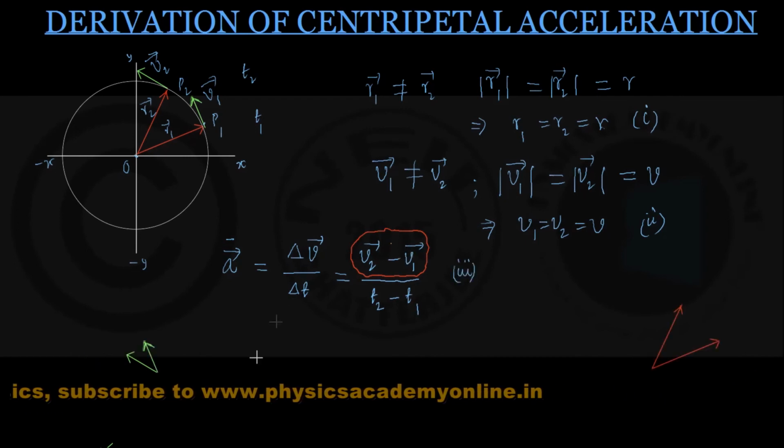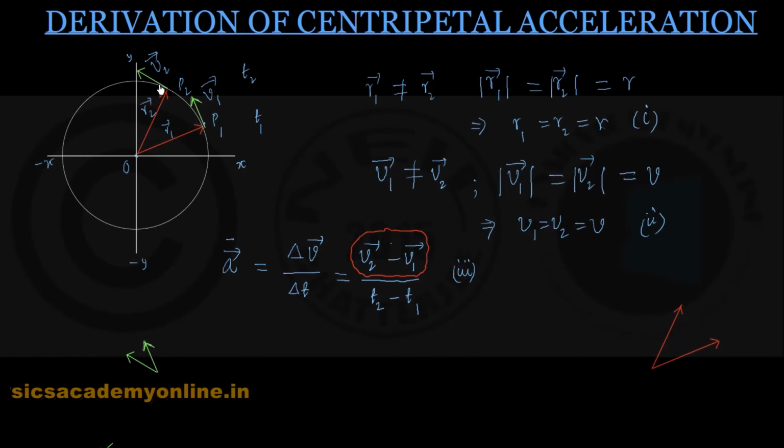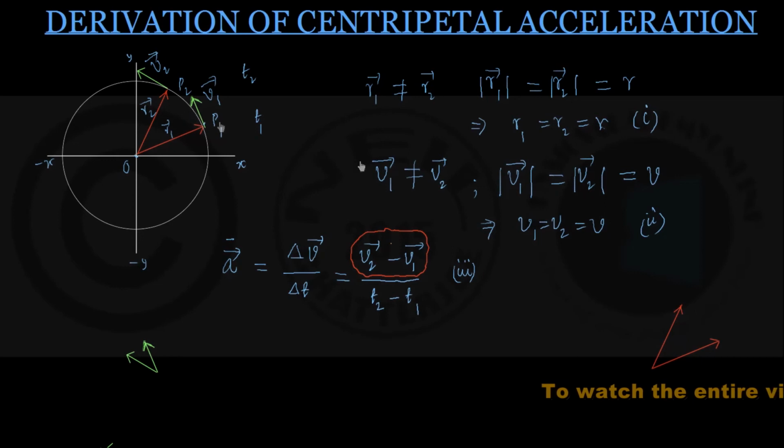So we must learn and apply the method of vector subtraction carefully, which requires a little bit of elaboration. As you can see, I have done a construction here. These velocity vectors v1 and v2 are free vectors in the sense that they can be shifted anywhere on the board, keeping their lengths and directions intact. Since v1 and v2 have the same magnitude, they have the same length, only directions are different.